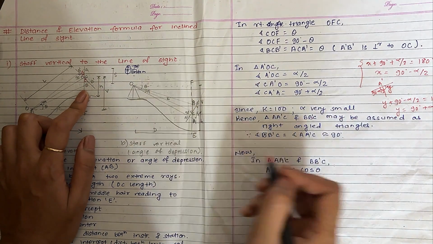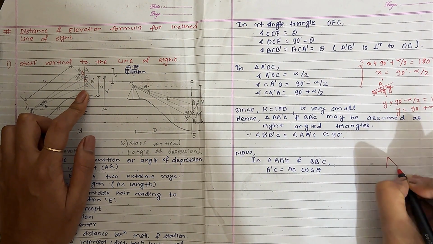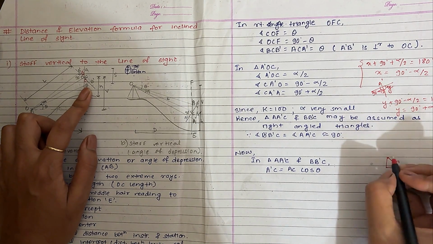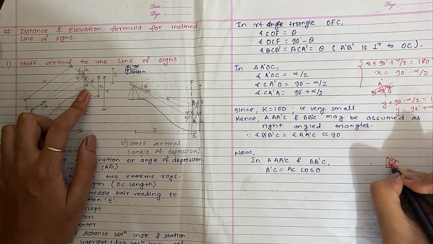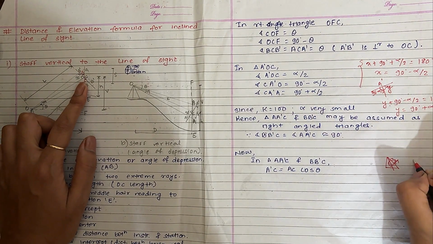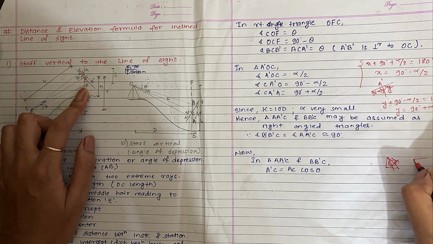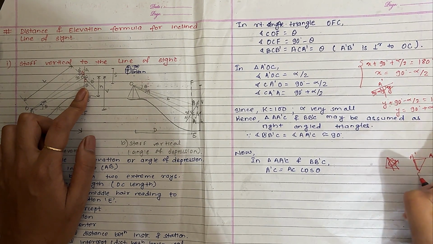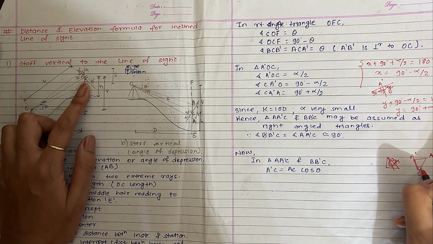Since the longest side in a right angle triangle is assumed as the hypotenuse, in this small triangle A dash AC, this is theta.